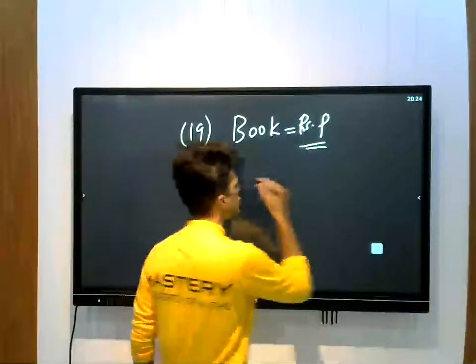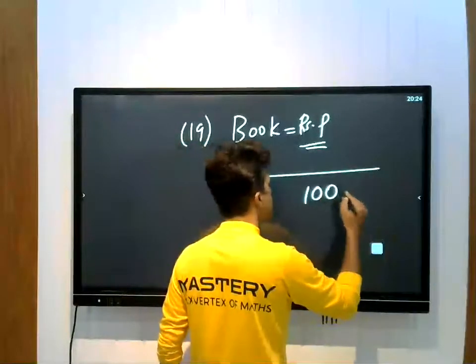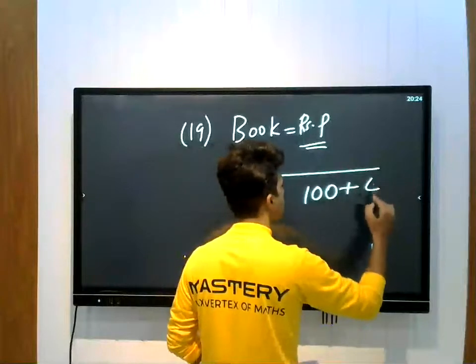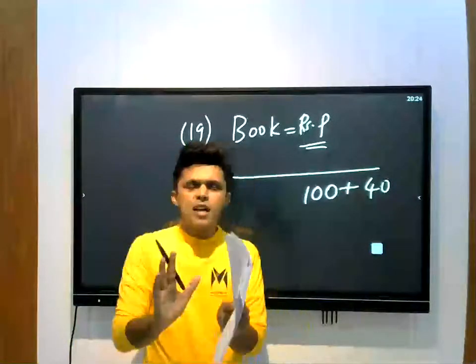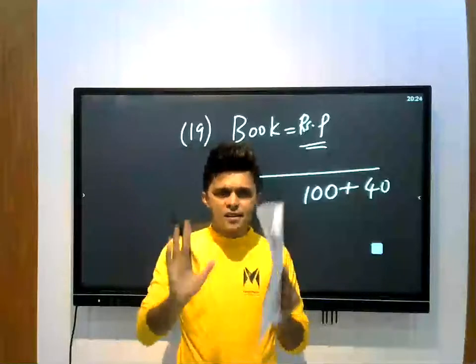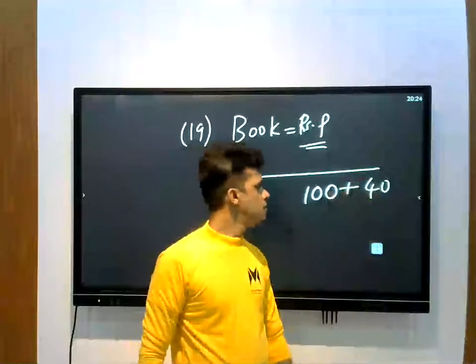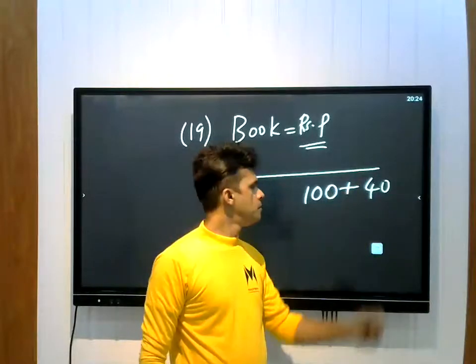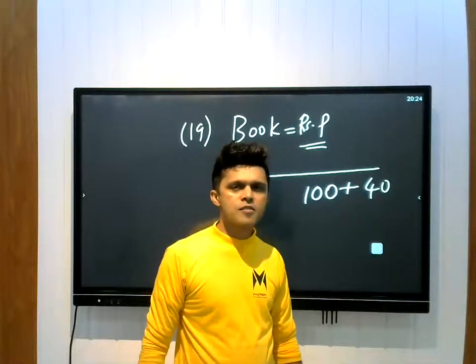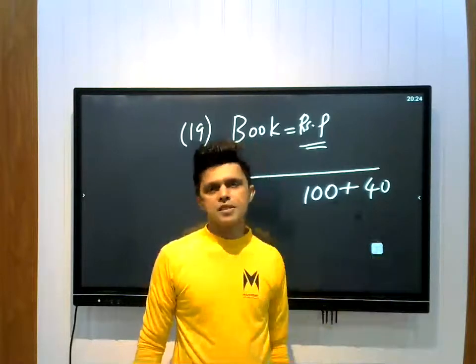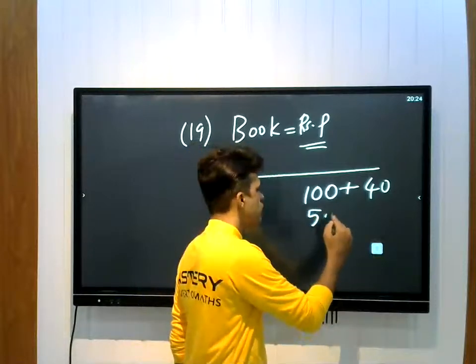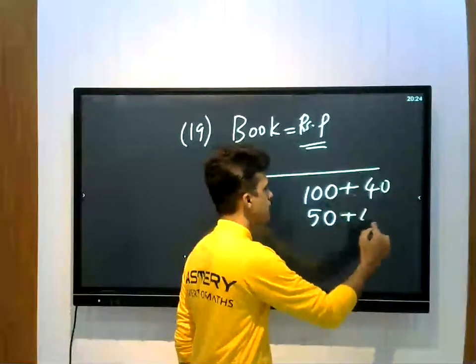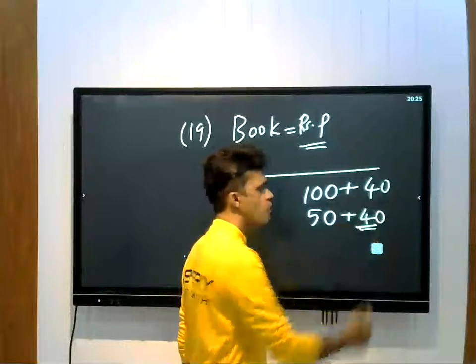If the price of this book was 100 rupees, then the new price of the book is 100 plus 40. Likewise, if the price was 50 rupees, the new price is 50 plus 40.